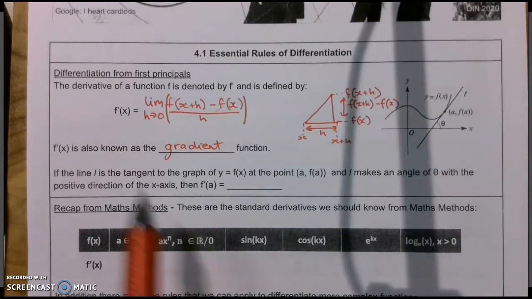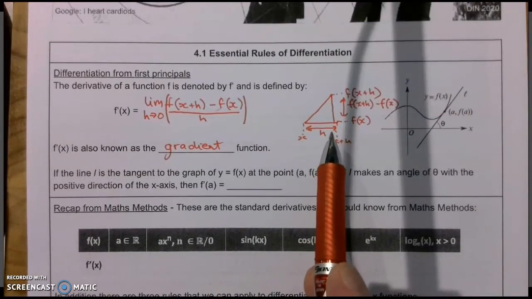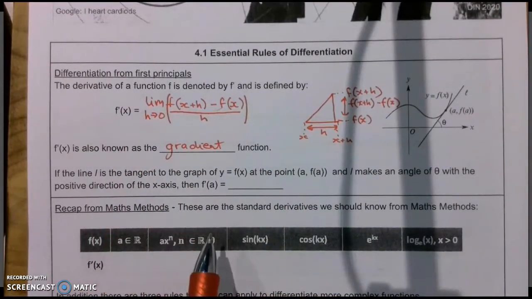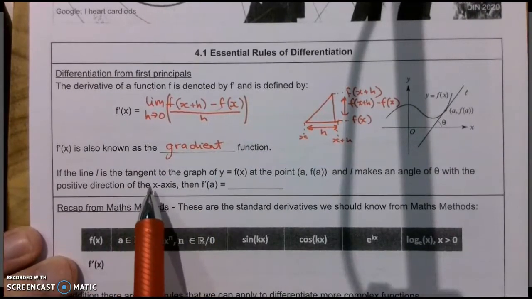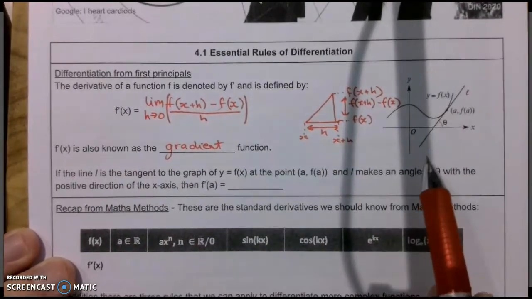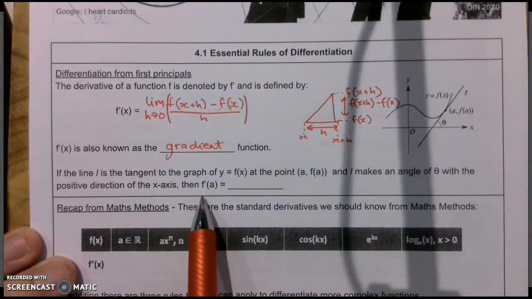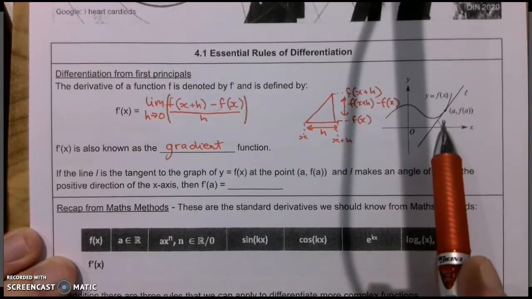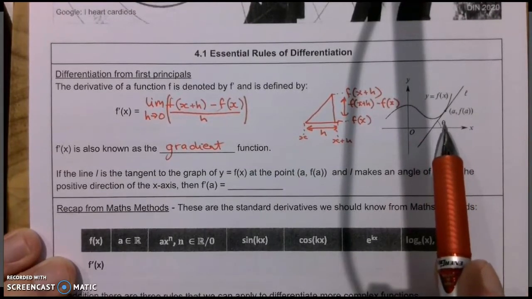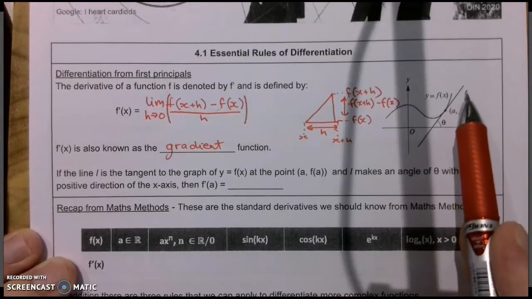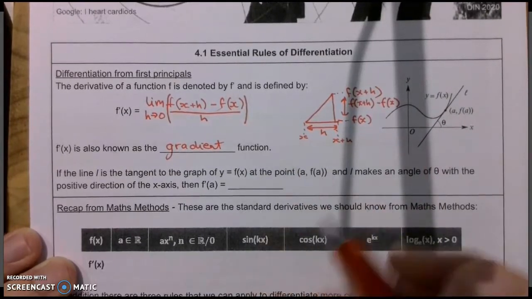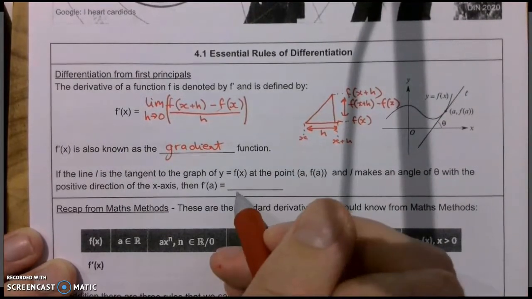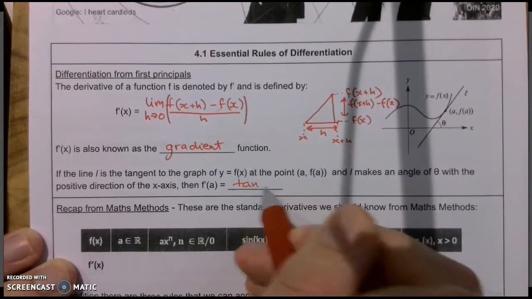But it's worth always starting a conversation about differentiation with the first principles argument, with this idea that the chords are getting smaller and smaller, and it reminds us that we can actually think geometrically about this. If we're trying to find the gradient and we're thinking about this diagram here, we could think about it in terms of the angle theta, because the gradient of that tangent line is going to be the rise over the run, the change in y over the change in x, which would be tan theta.